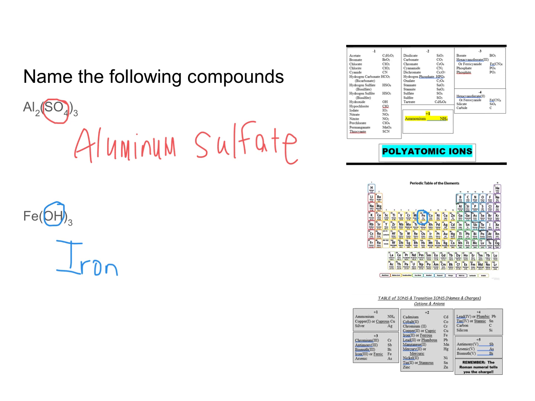So we're going to need a Roman numeral. We've got a little bit more work to do here. But first, we're going to look up OH on the polyatomic ion chart over here. I'm going to go down, see if I can find OH. Oh, there it is. OH is hydroxide. It has a -1 charge. So we're going to name it hydroxide, okay?